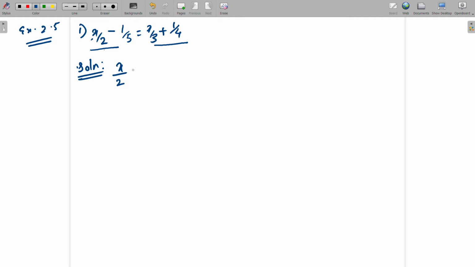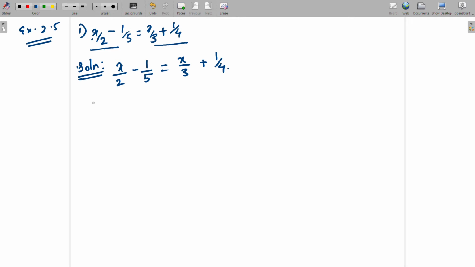x by 2 minus 1 by 5 is equal to x by 3 plus 1 by 4. Therefore, now the denominators are different on both the sides. So first we'll try to make the denominators common on either side. Here I will multiply 2 into 5 and 5 into 2 so that the denominator becomes the same.